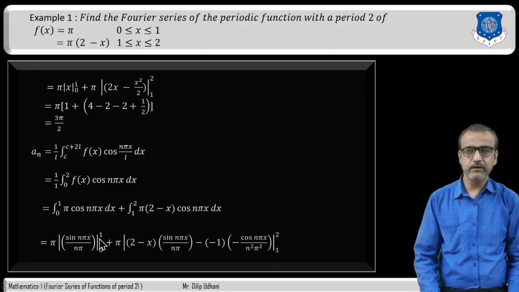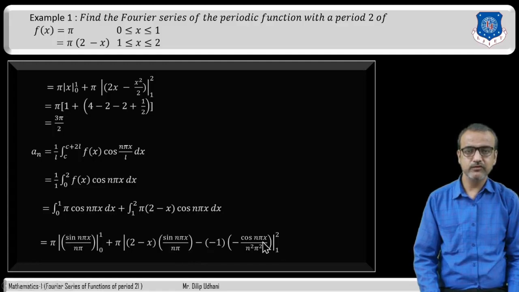Now we will apply the upper limit and lower limit to simplify this result. If we put the value of x equals 1 over here, it will become sin n pi, and the value of sin n pi is 0. And for the lower limit x, it will become sin 0, and the value of sin 0 is 0. Now for upper limit 2, if you replace x by 2 over here, 2 minus 2 is 0, so this term will become 0.